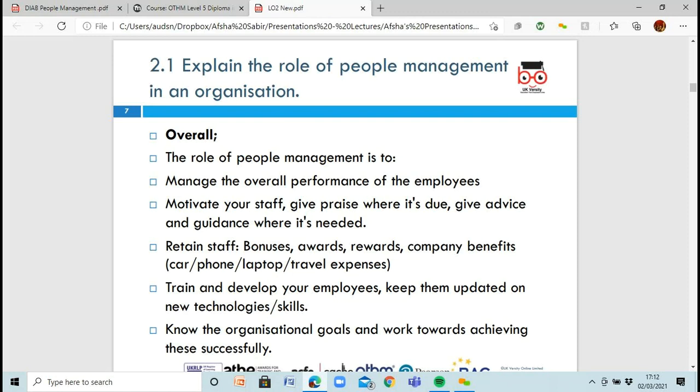We talked about the retention of staff. So within people management, you need to make sure that you're retaining staff. So things like giving them bonuses, awards, rewards, company benefits like a car, a laptop, or a phone, or even just having travel expenses where if they're traveling daily to meetings and things, then they know that they're getting their petrol and their lunch paid for.